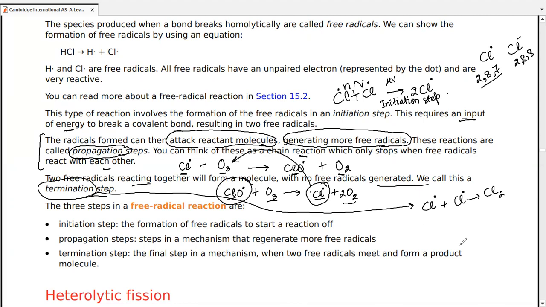right? Now, I'm going to clear it up to you. Just a second. 2, 8, 7. And what's the configuration for oxygen? 2, 6, right? Now, one electron from here and one electron from here are going to make a bond. If one electron makes a bond, we are left with 2, 5.